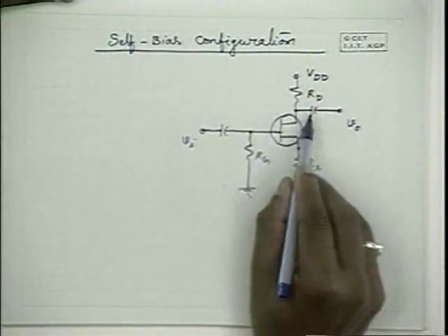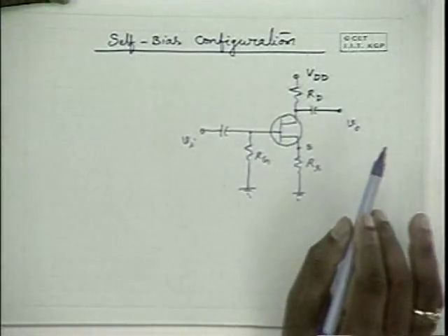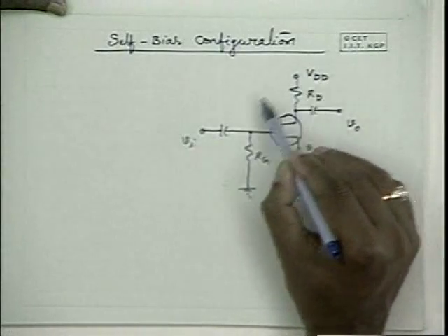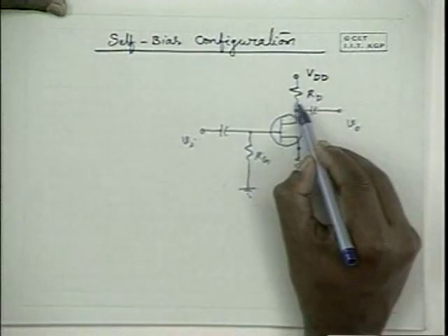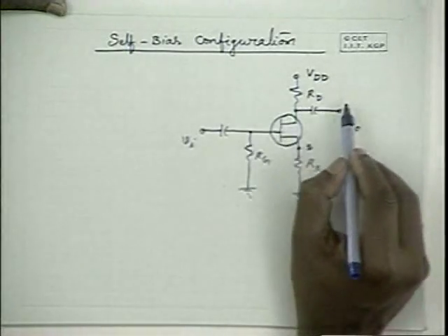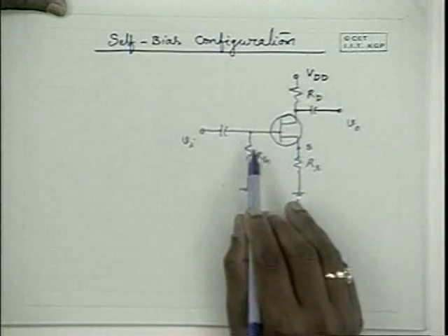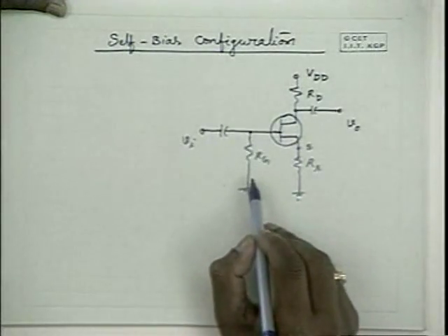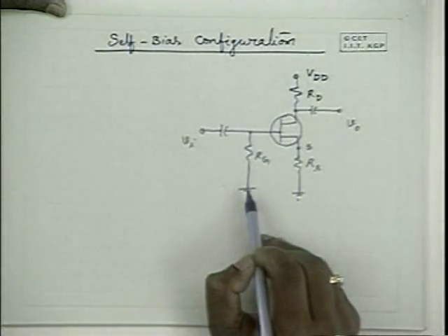These coupling capacitors are for coupling the alternating signals and to provide DC isolation here also. Other than that, the biasing circuit is as shown here. So this RD is to provide a large signal output, and RS is to provide some gate to source reverse potential, and RG is to avoid shorting of the input signal into the ground.